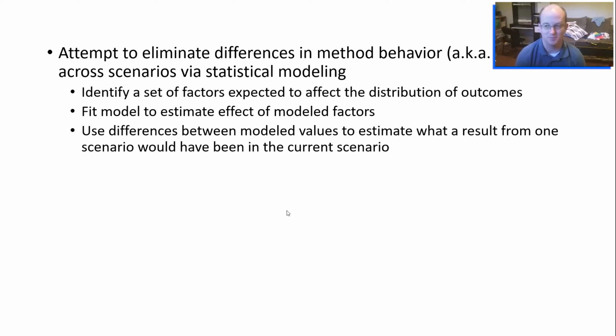So the general approach is similar to any statistical modeling, which includes identifying a set of factors that might be expected to affect the distribution of outcomes, to fit a model to estimate the effect of those modeled factors, and to use differences between the modeled values in different scenarios to estimate what a result that was actually measured in one scenario would have been like if we had measured it in the currently considered scenario.